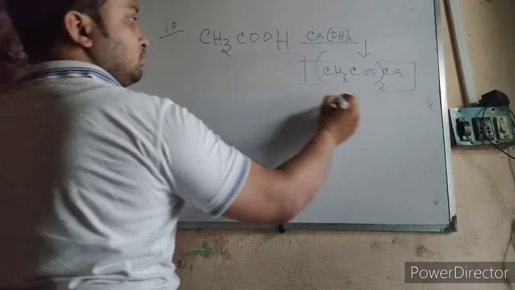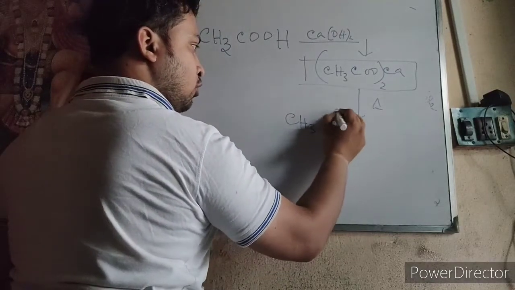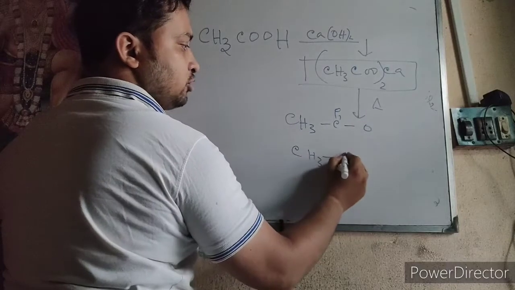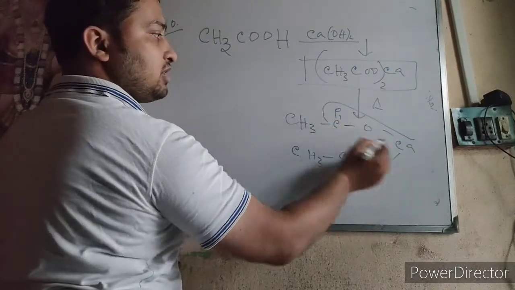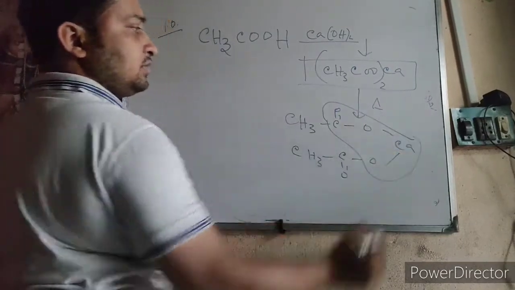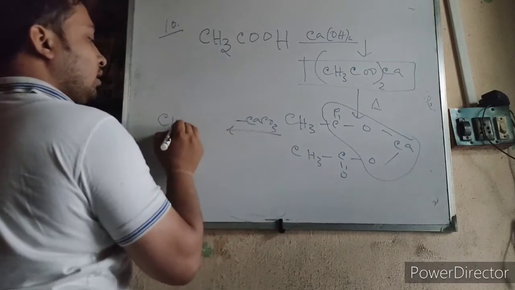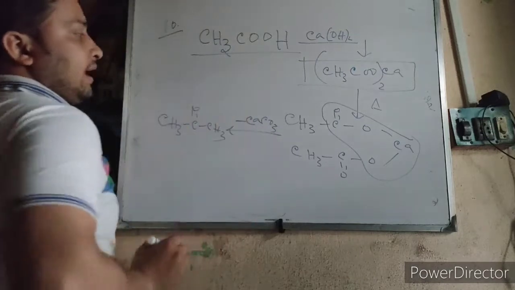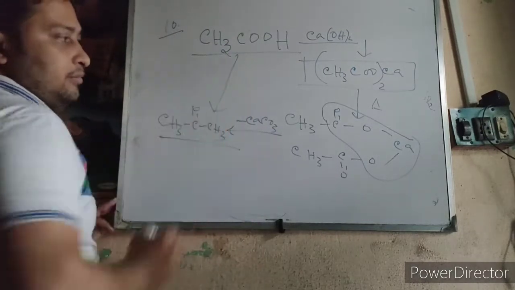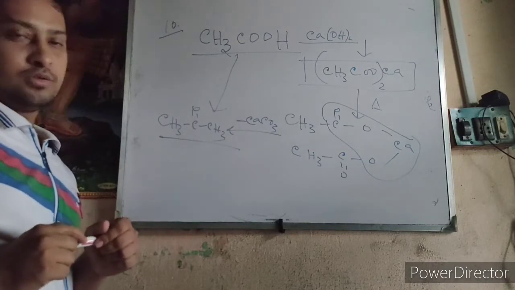From (CH3COO)2Ca, CaCO3 is removed, so minus CaCO3, you form a ketone. So you can prepare a ketone from acetic acid. This is also an important question: how to convert acetic acid to ketone.